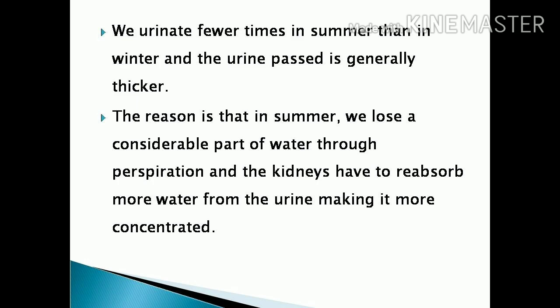The urea will accumulate in the blood and become a poison, because urea is one of the nitrogenous waste products. So accumulation of urea in the blood is called uremia. In that condition, we have to replenish the water in the patient's body by giving the drip or by giving the oral rehydration solution through the mouth.